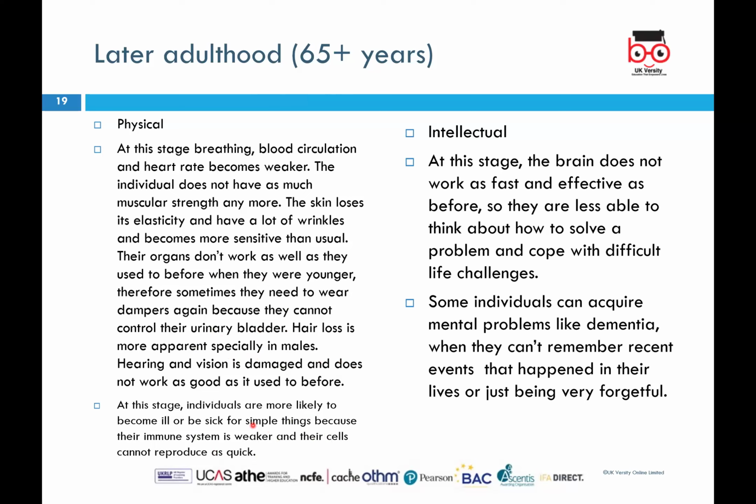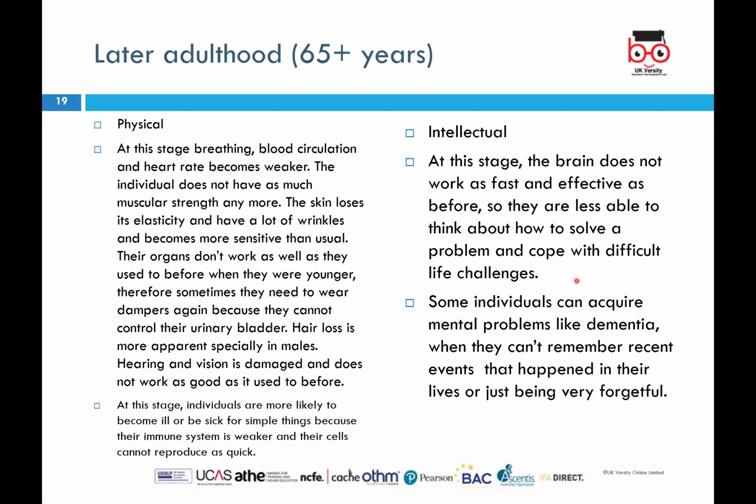Now it's the second depression of their immune system, of all their systems going weaker. Intellectually, at this stage, the brain does not work as fast and effectively as before, so they are less able to think about how to solve a problem and cope with difficult life challenges.